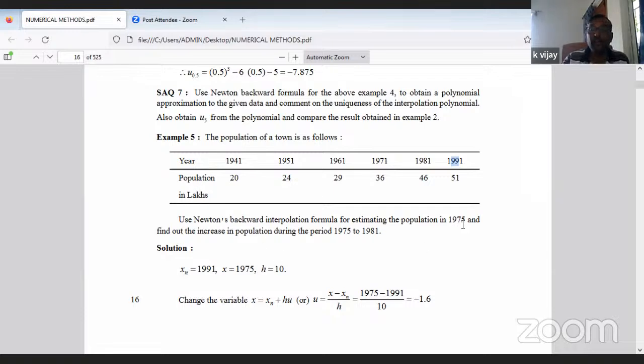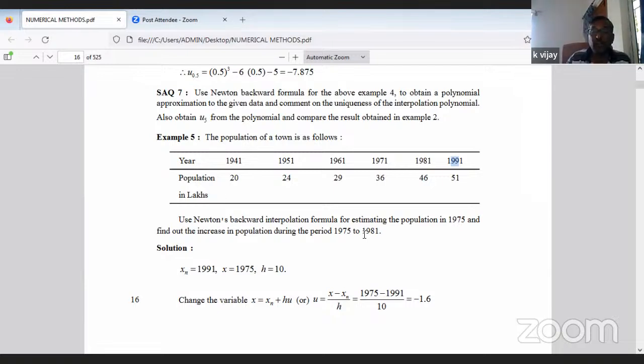So in the given problem, the Newton backward interpolation for 1975, we find the increase from 1975 to 1981. So I'm taking 75 to 85 here.